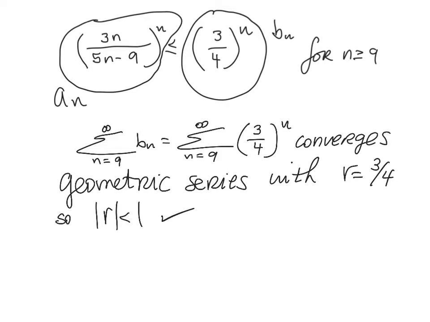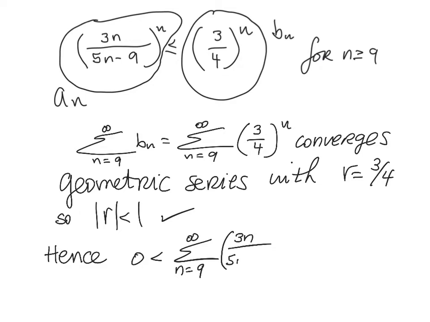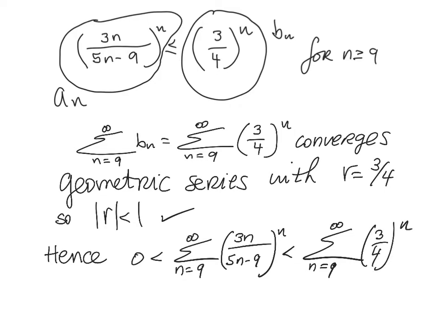And so now the a sub n series starting at 9 is squeezed in between 0 and the convergent series b sub n. So 0 is less than the series from n equals 9 to infinity of (3n over 5n minus 9) to the power n, and that in turn is less than the summation from 9 to infinity of (3/4) to the n, which we know converges.